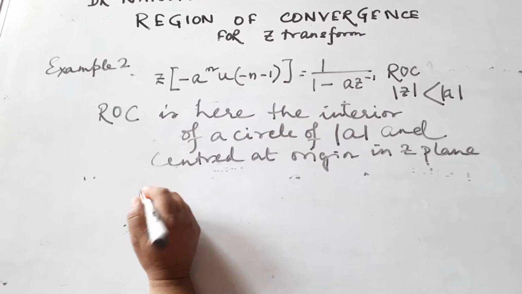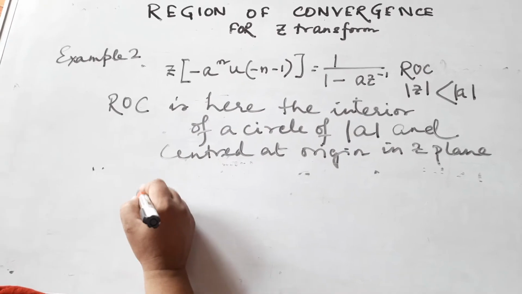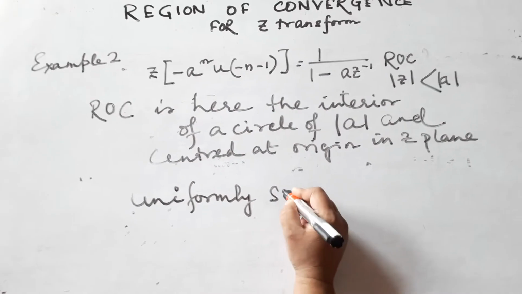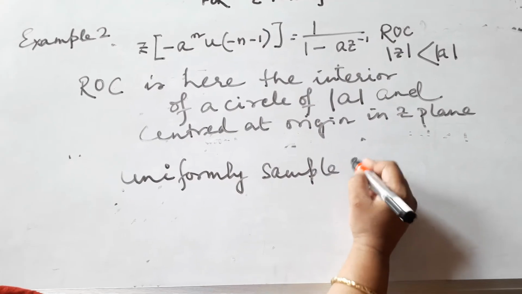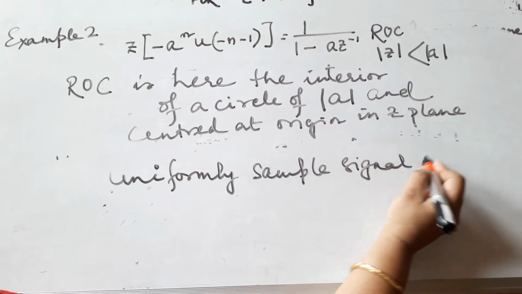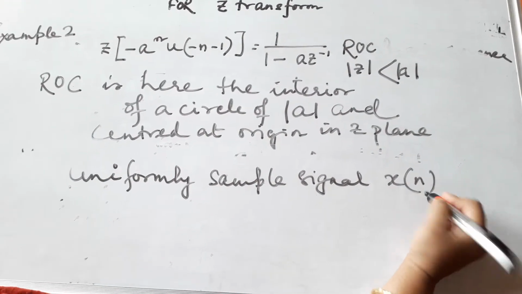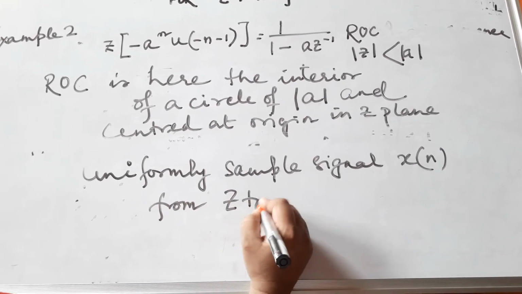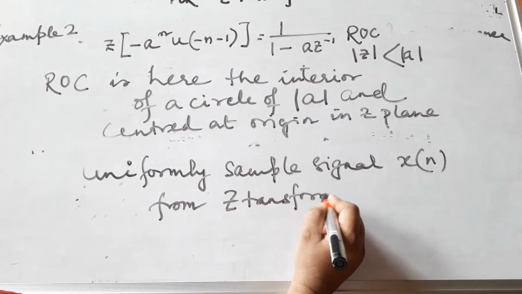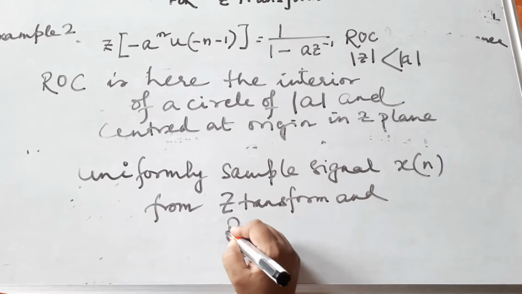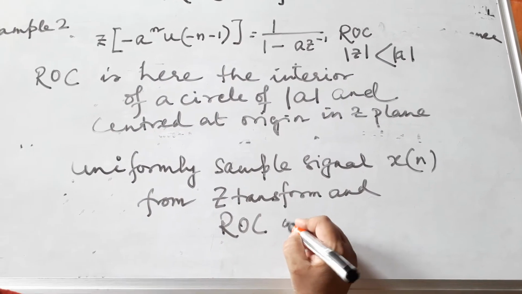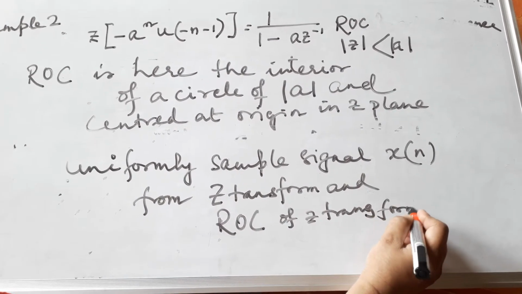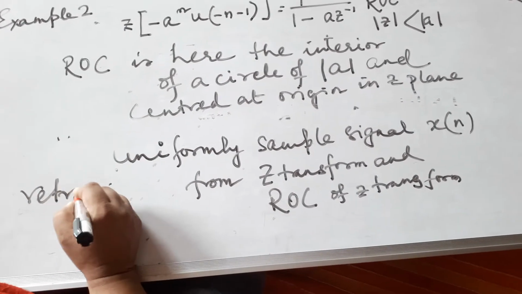Please note that a uniformly sampled signal x(n) can be retraced back from its Z transform and the region of convergence.